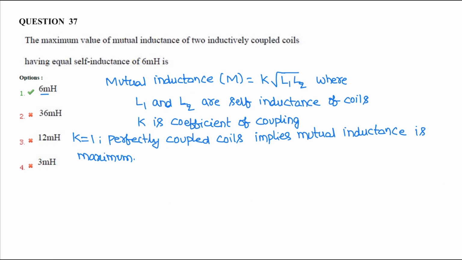Question number 37. The maximum value of mutual inductance of two inductively coupled coils having equal self-inductance of 6 millihenry is.